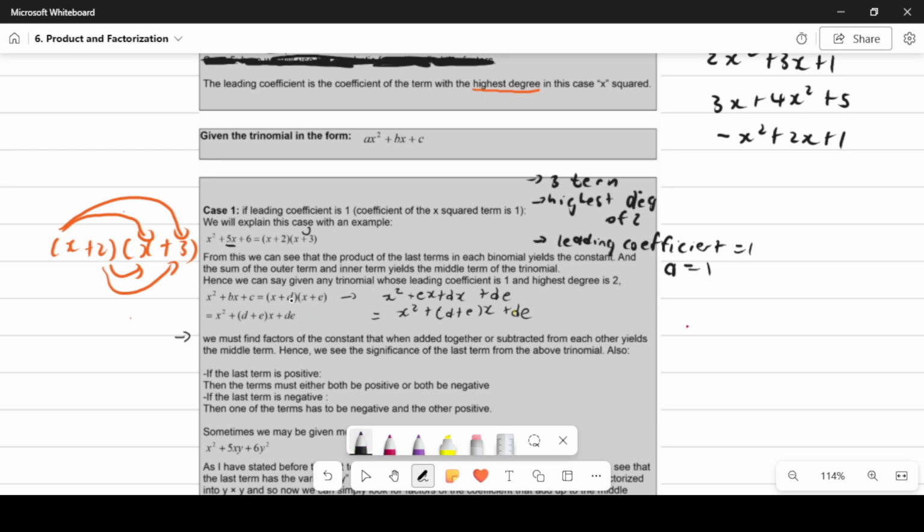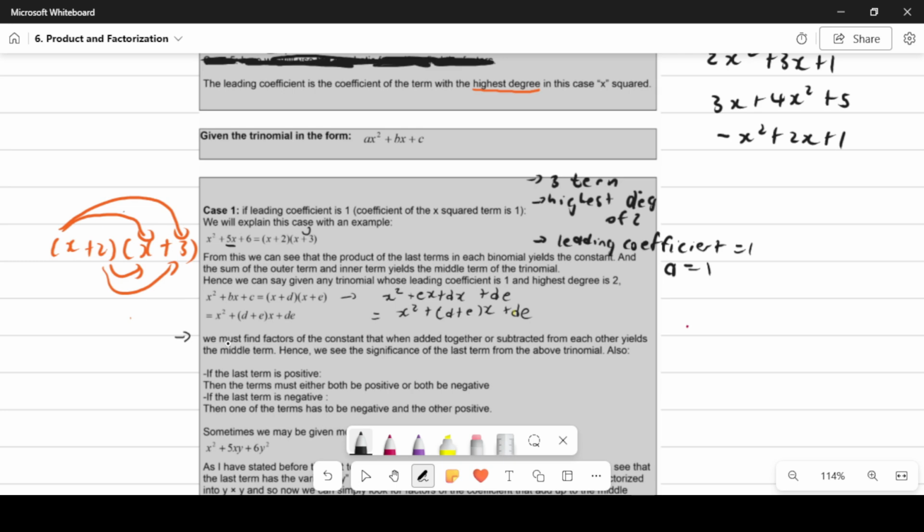The product of the outer terms of each of these binomials must give you the constant, but the sum of these terms must give you the middle term. Think about how brilliant that is. So the product of the outer terms must give you the constant, but the sum of those same two terms must give you the middle term b. So you need to keep that at the back of your mind.